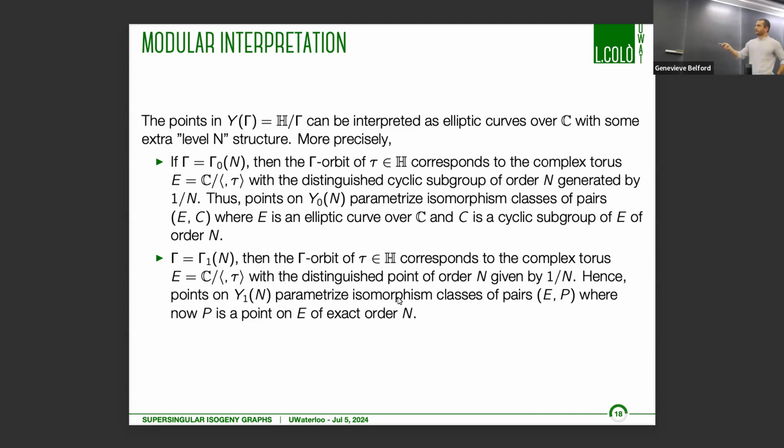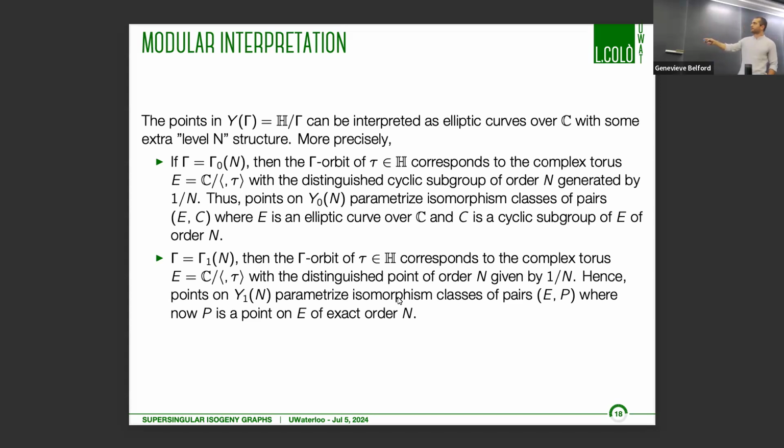It turns out that gamma 0 of n, so points on the modular curve attached to gamma 0 of n, classify pairs of an elliptic curve plus a subgroup. And the order of this subgroup is exactly the n that you have here.